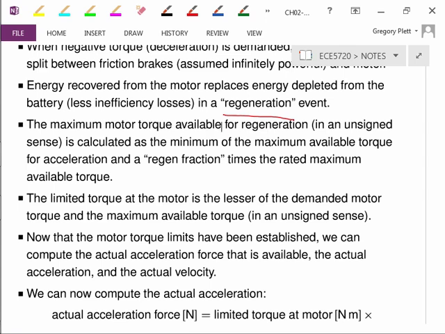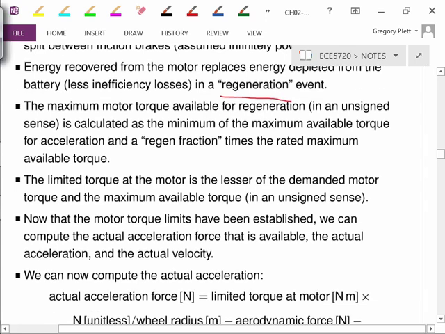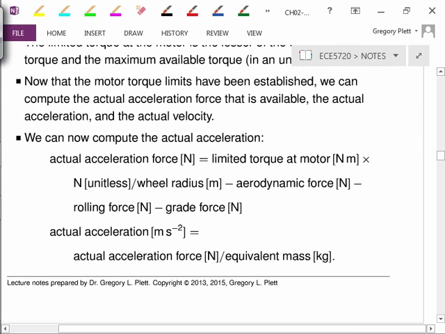Now that we have the motor torque, we compute the actual acceleration force that's available, and then using that, the actual velocity. So the actual acceleration force is computed like this. It's equal to the motor torque times n divided by wheel radius.